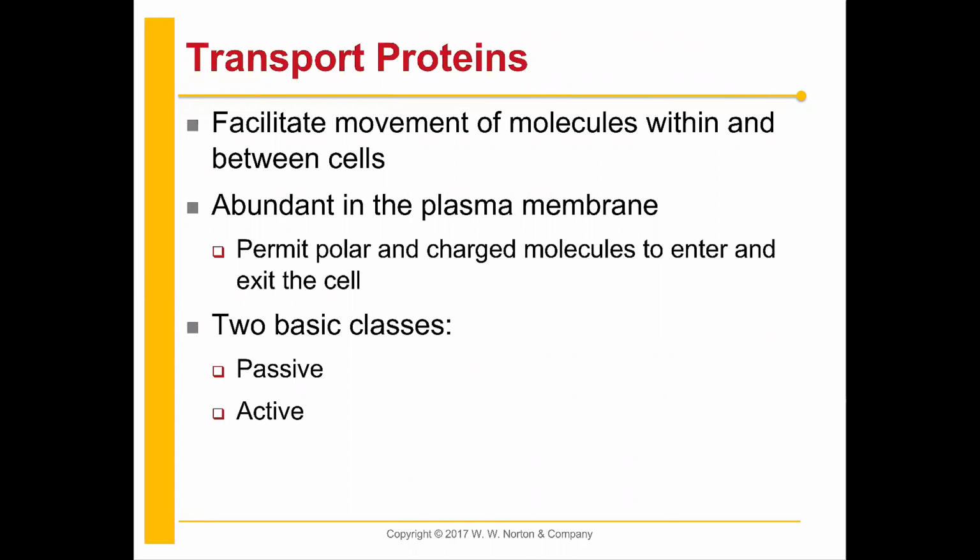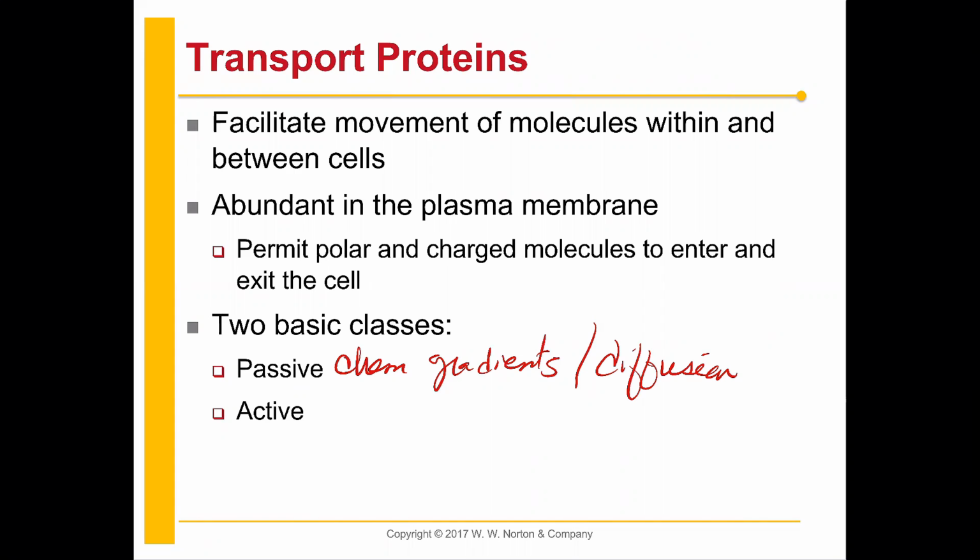So we have two major classifications. We have passive transport proteins. So these function in response to chemical gradients, or diffusion, right? So passive does not require energy. It doesn't have to put anything in to make it happen.